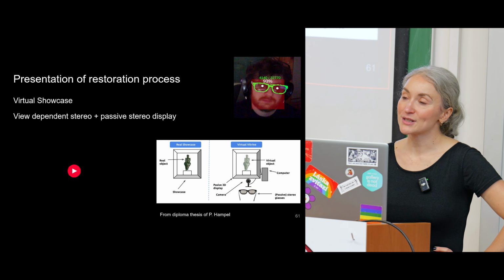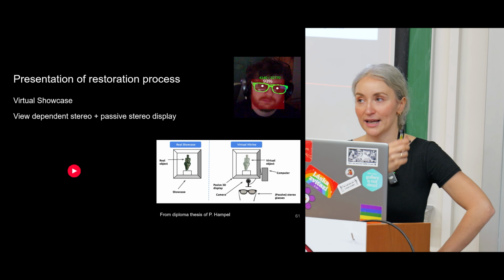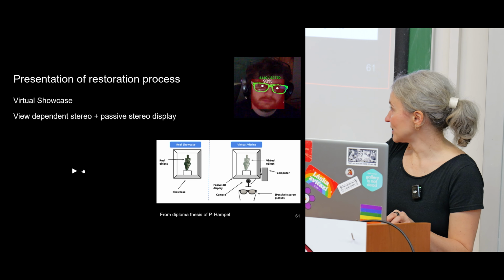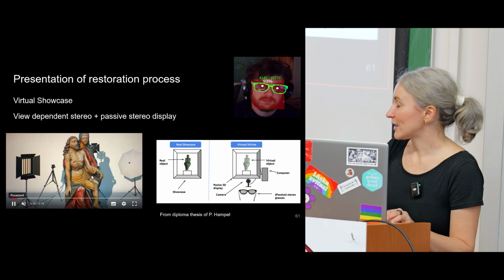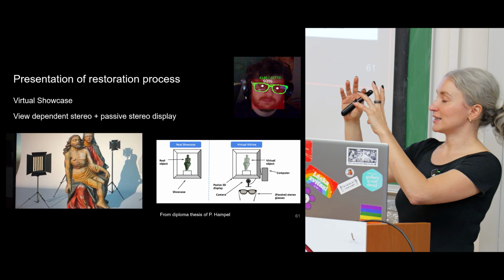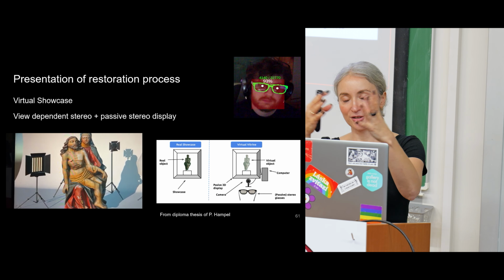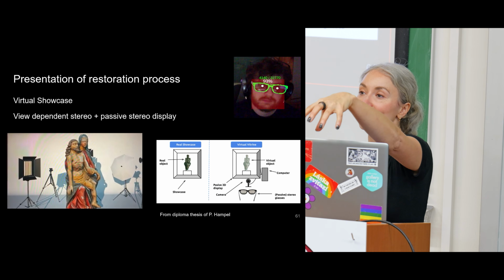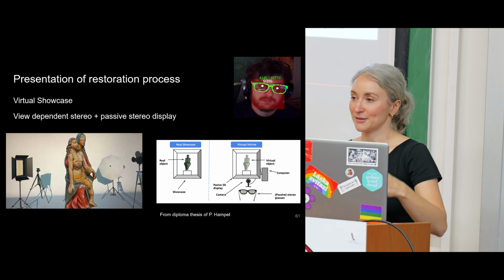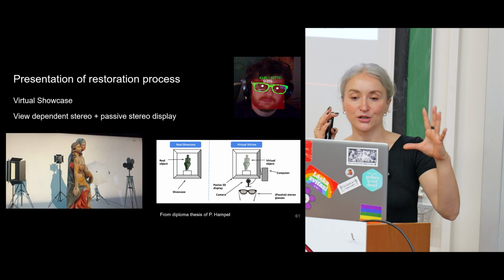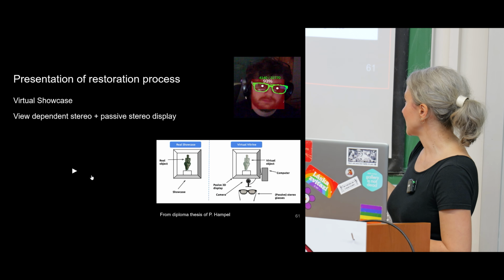But the concept of view-dependent stereo, as you can see here, is that we are doing real-time rendering, where we are tracking the head of the user and re-rendering the image or the 3D virtual scene as if the statue itself were inside of your display or behind the display. So we are tracking the user and re-rendering it all the time.